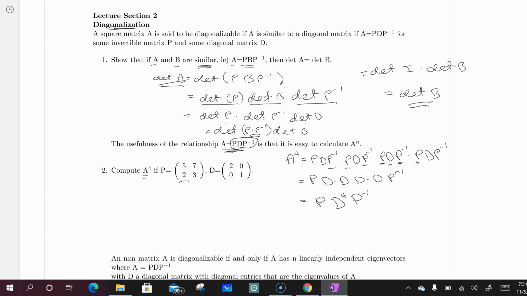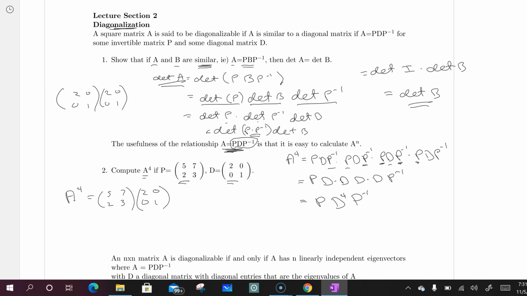And so here's my P and here's my D. So let's just take a look at what's happening. If I want to do A to the 4th, that would be my matrix P, my matrix D multiplied times itself 4 times. Think about what happens when I multiply this times itself even once.